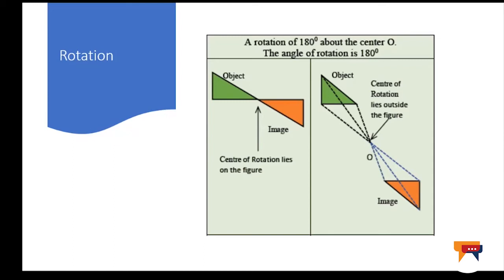A rotation is defined as a geometric transformation in which an object is turned about a fixed point. On our screen, we have an example of a rotation of 180 degrees about the origin, the center O.